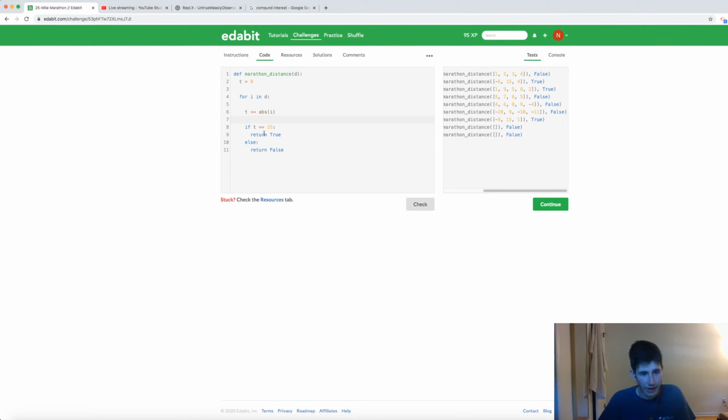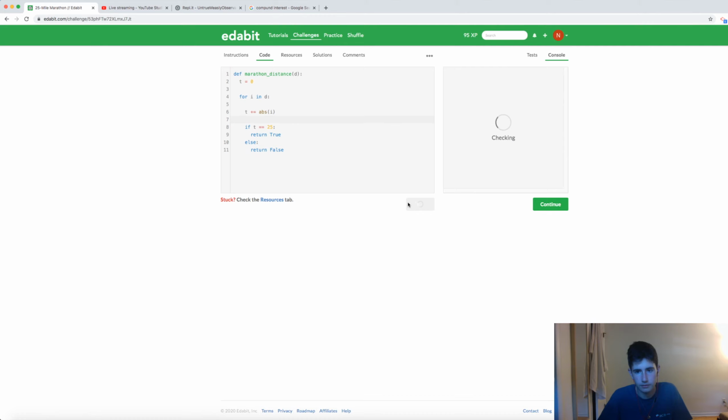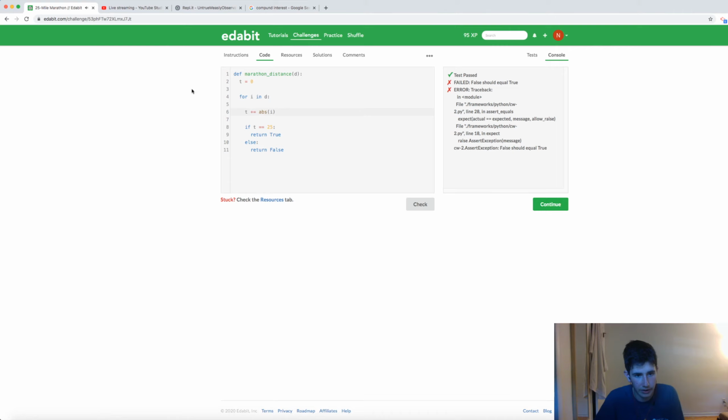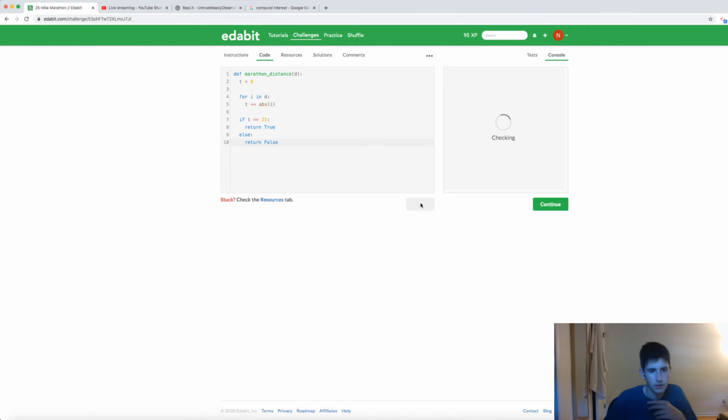Now if t, after we add everything together, is equal to 25, return true, else false. I know why we are still getting the error. Because this needs to be outside the for loop. Yes! And it works! It works, baby!